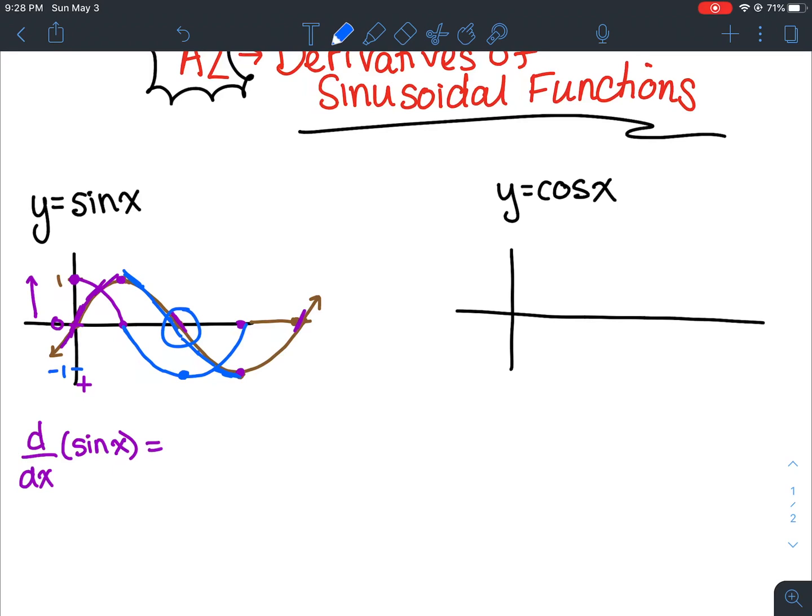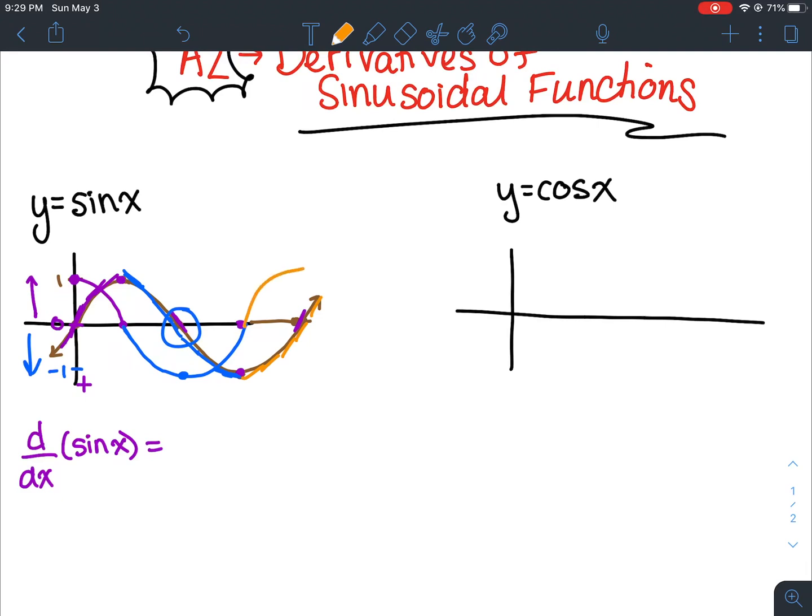Since this whole blue segment of sine x has a negative slope, I know that it has to be in this section of the graph to show a negative y value. Then you see that your slopes are getting positive again. So now we're back up in the positive range.